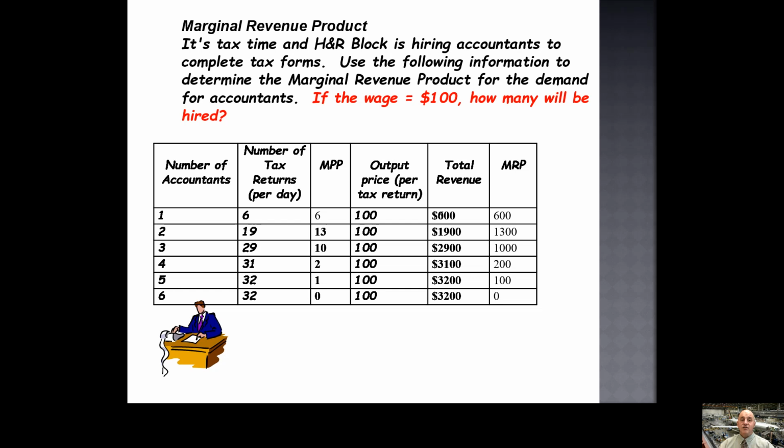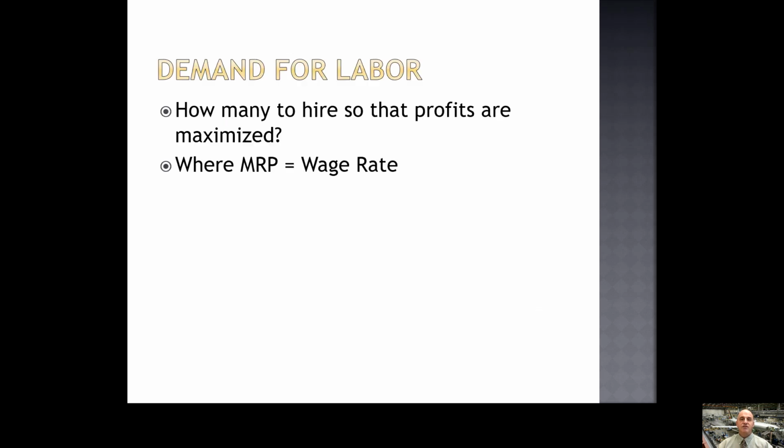You can easily see why it makes no sense to hire the 6th worker. The 6th worker gave us no additional tax returns, but cost $100 to get that 6th worker. That doesn't make any sense. So essentially, you're going to hire up to the point where marginal revenue product equals the wage rate.